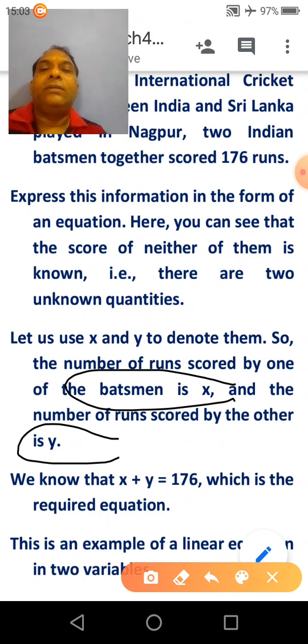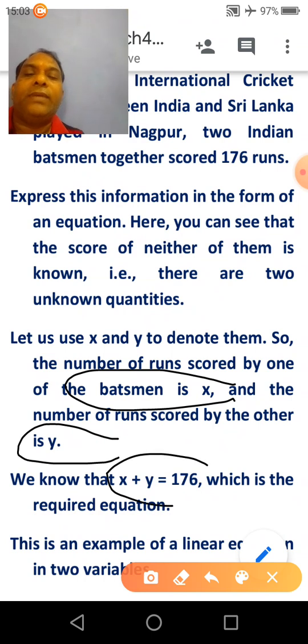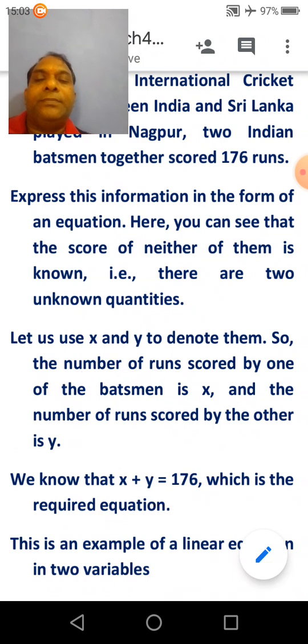And because they scored 176 runs in total, x plus y will be equal to 176, which is the required equation.